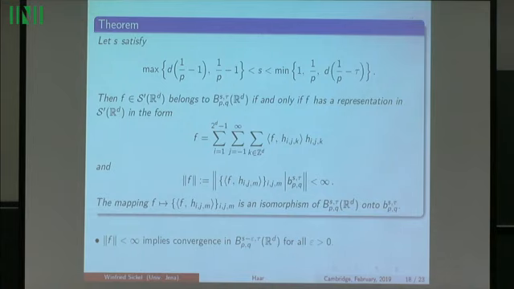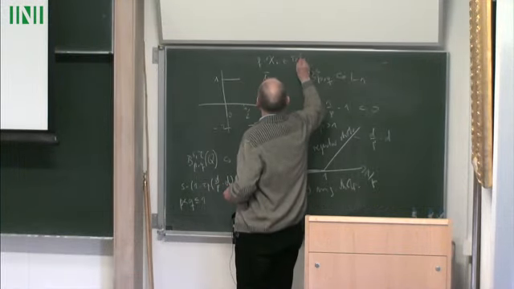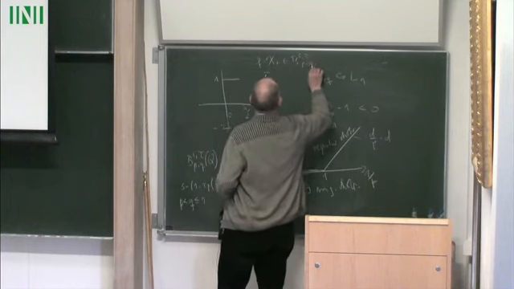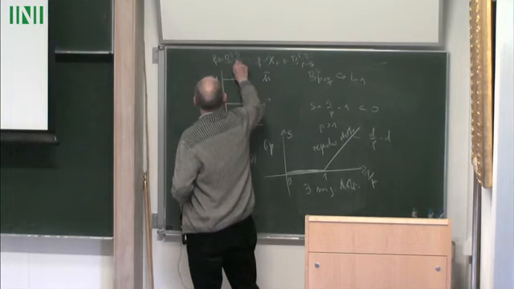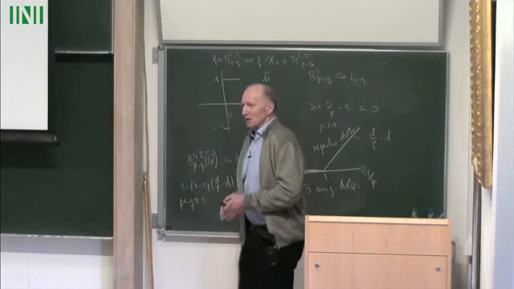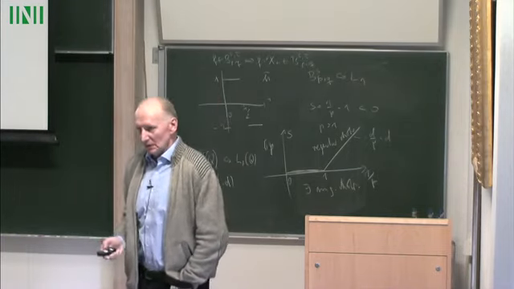Pointwise multiplier means that f times this characteristic function belongs to this space whenever you start with a function from this space. So this would be one possible application I have been interested in. Thank you very much for your attention. That's all I wanted to say.